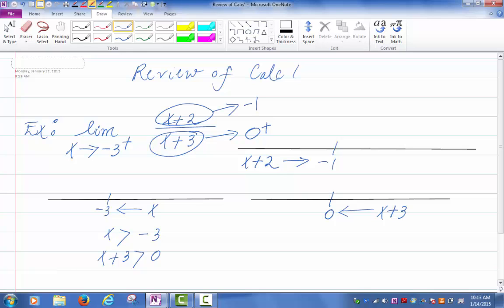What's the rule? What will be the limit? This limit will be negative infinity, right? Why negative? Because the denominator stays positive, the numerator becomes negative, so the ratio is a negative number.